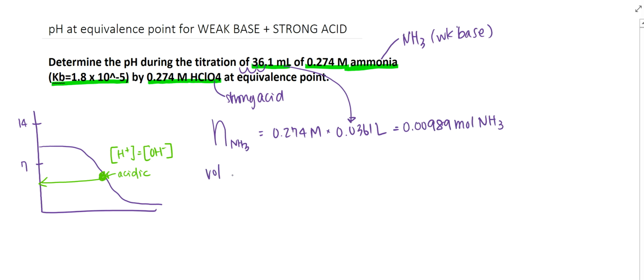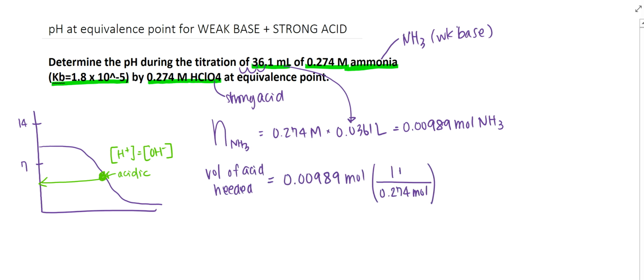This is going to help us figure out the volume of the acid needed. The volume of the acid needed is 0.00989 moles divided by the molarity of the acid, which is 0.274 moles per liter. Literally what I just did was use this number and plug it in down there.